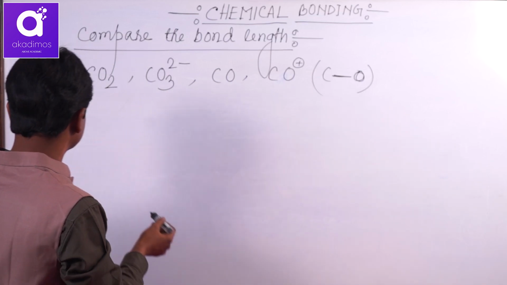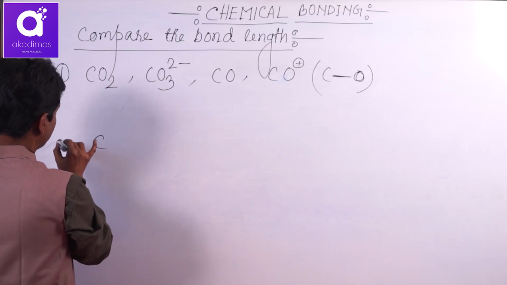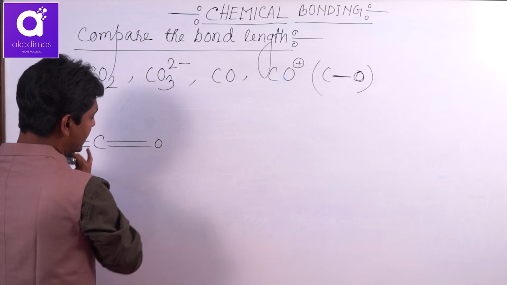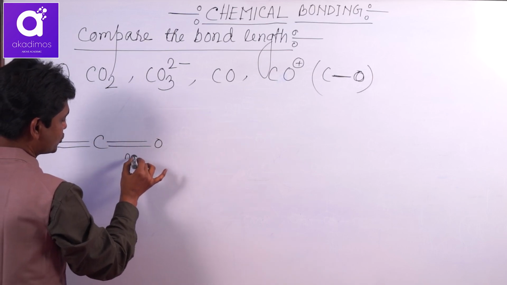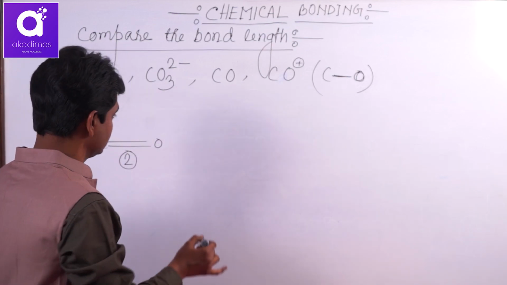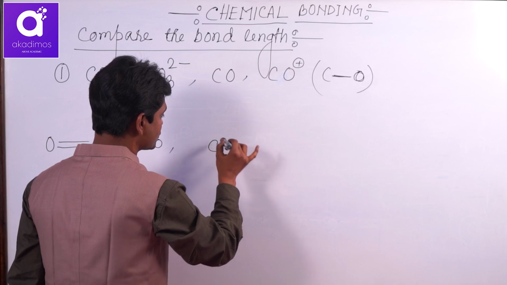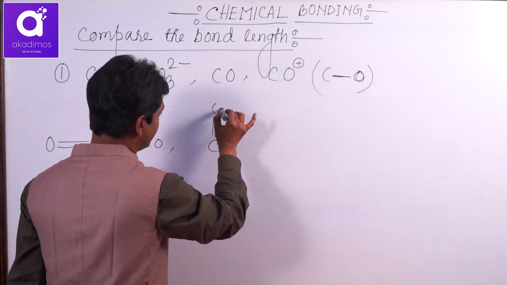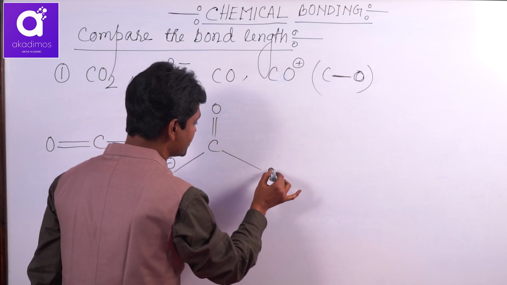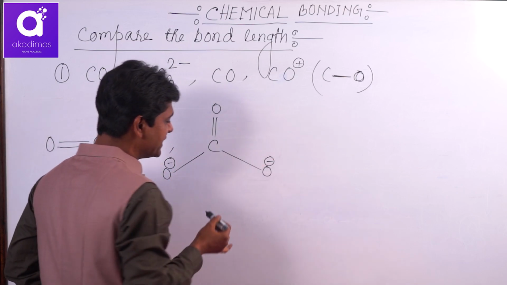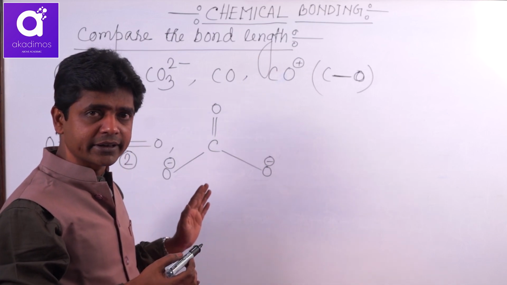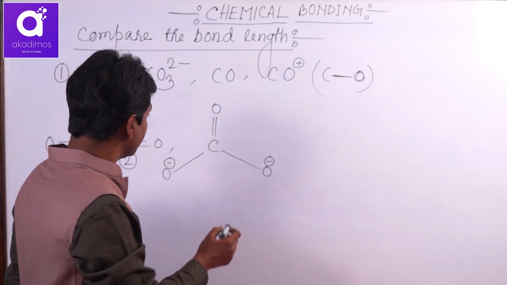I am drawing carbon dioxide, the structure is this one. Here the carbon oxygen bond order is 2. Remember it. Now the carbonate ion. I am drawing the carbonate structure: C double bond O and 2 oxygen with minus 1 charge. If I take resonance, you will get 3 equivalent canonical forms.